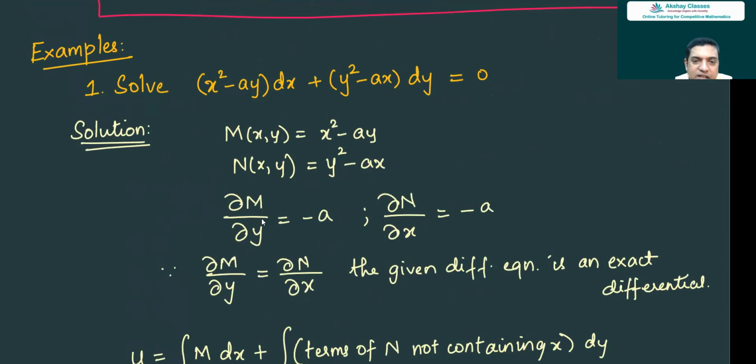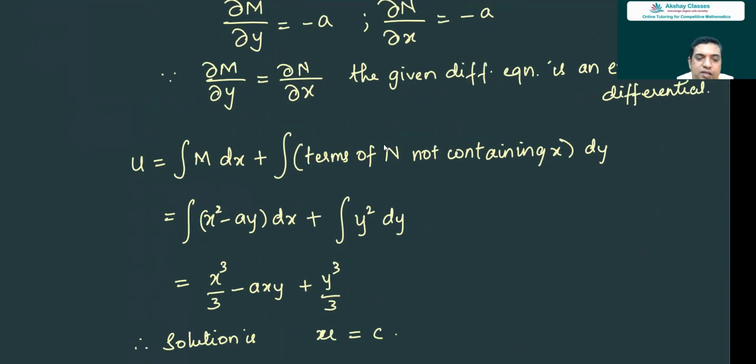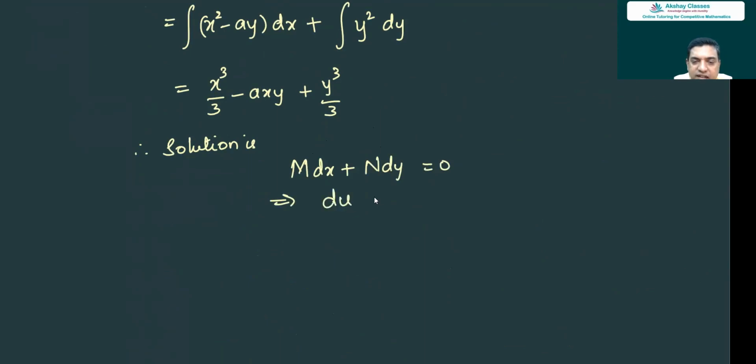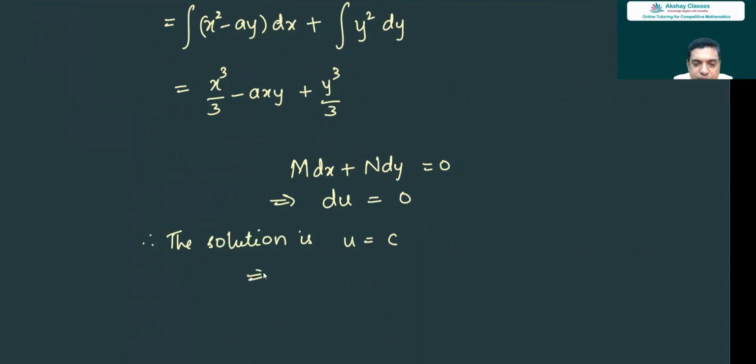Because this M dx plus N dy equal to 0 is an exact differential of u, it becomes du = 0. Therefore, when you integrate this, we get u equal to constant, which implies x³/3 − axy + y³/3 equal to c.